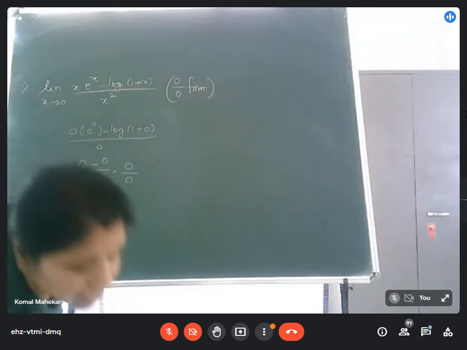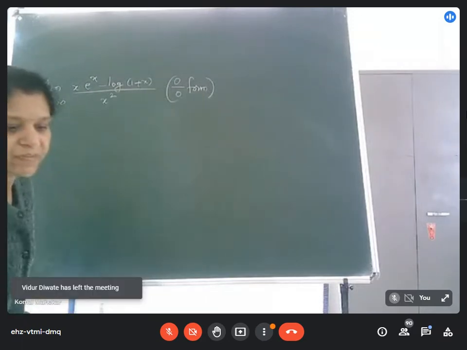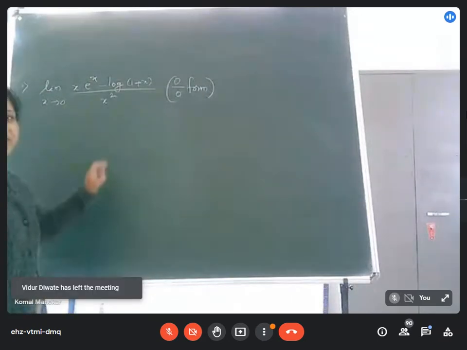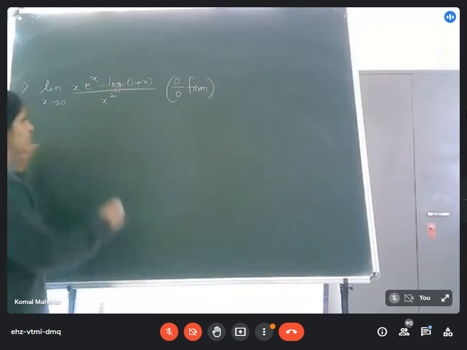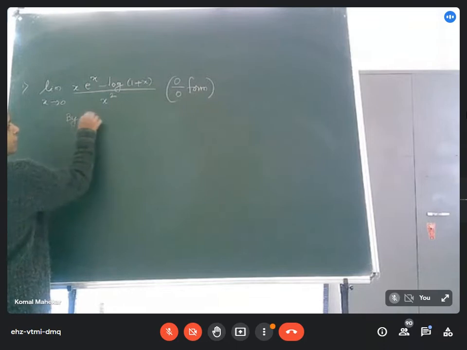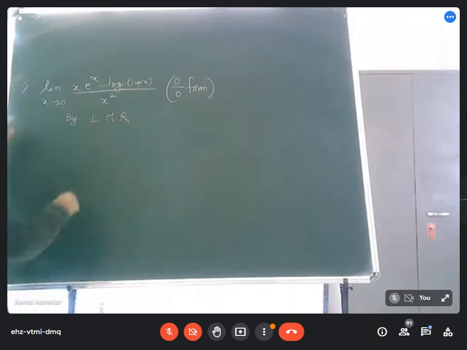Now how do we solve this problem which is in 0 by 0 form? We will apply the derivative on the numerator as well as the denominator using L'Hospital's rule. By L'Hospital's rule, we will differentiate the numerator as well as the denominator function with respect to x.